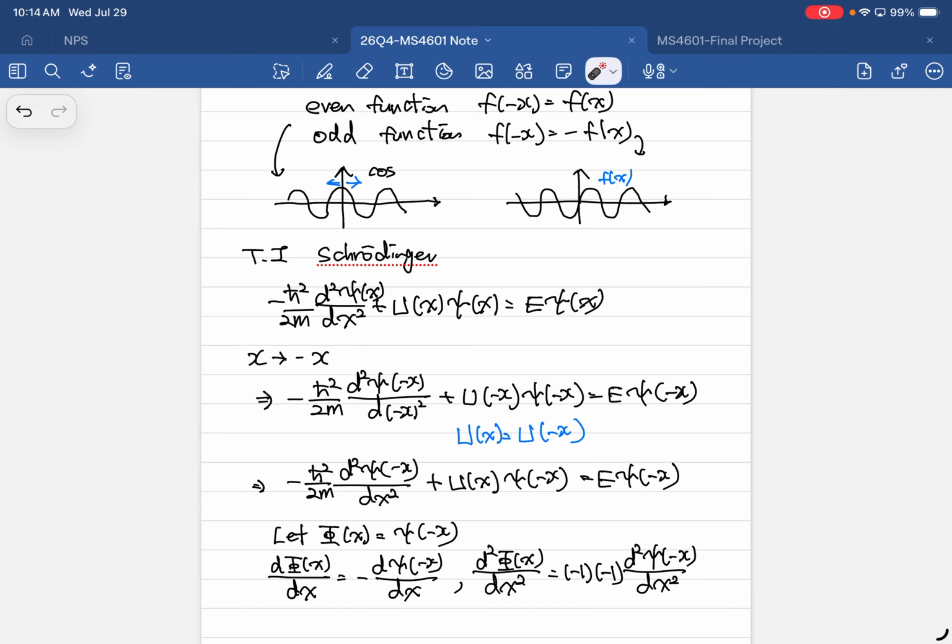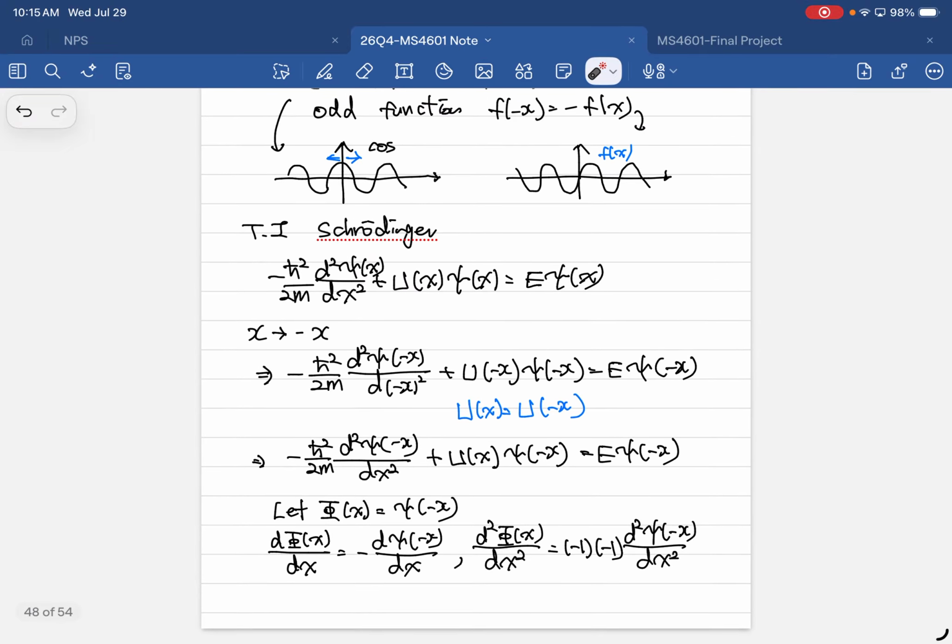And then here, we are going to take one more step for replacement. We are replacing psi of negative x with big psi of x. Okay. So what that means is that if we take a first derivative, we have this expression, and a negative sign comes out because we are taking a derivative.